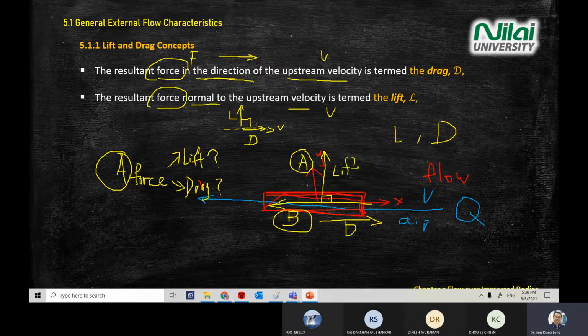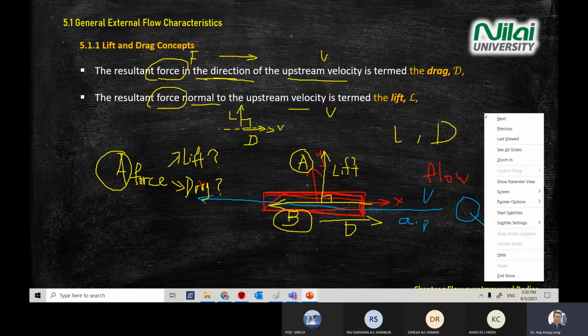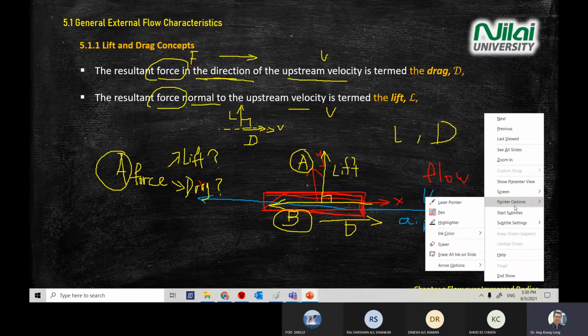Now, once you understand this concept, I think you have done chapter 5, because the rest is just mathematical derivation for what is lift, what is drag, and then you will come across differentiation and integration. What I asked just now is a very important question.